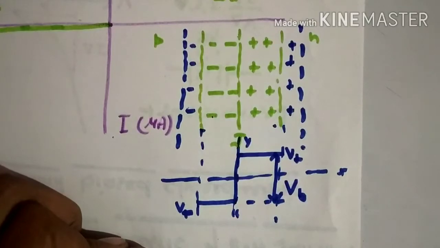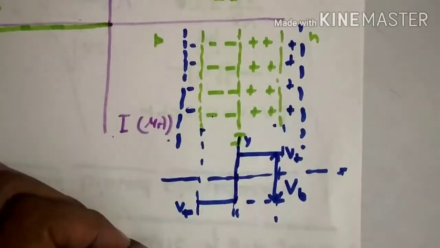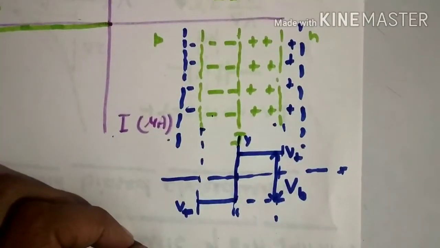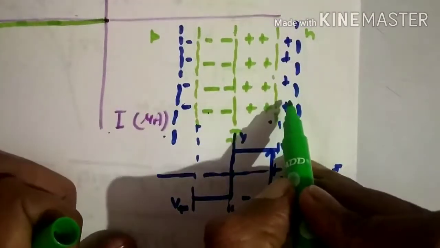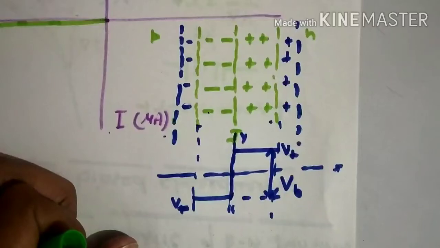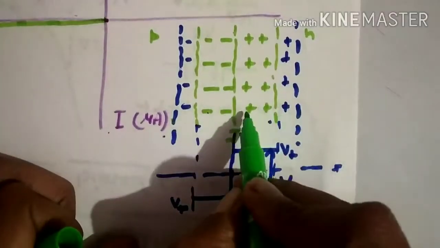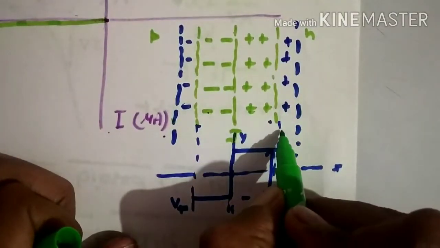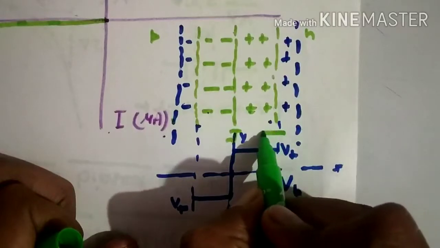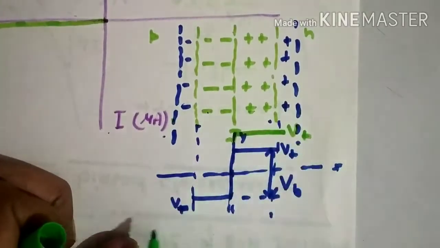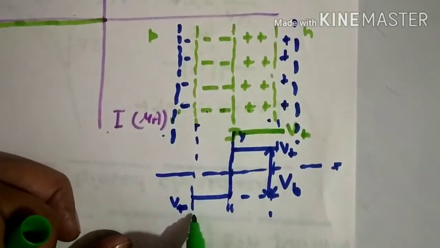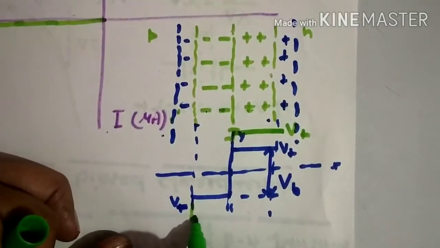But what happens after the reverse biasing? After the reverse biasing, the width of the depletion layer increases. So there are more positive immobile charges, so the positive potential also increases. And more negative charges, so the negative potential also increases.